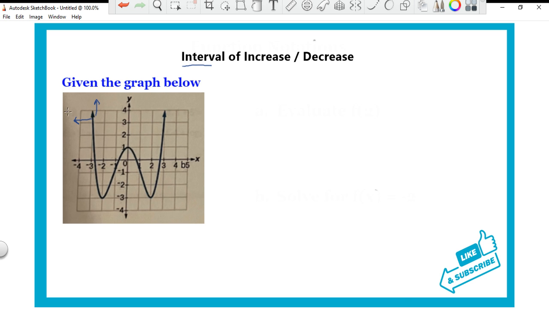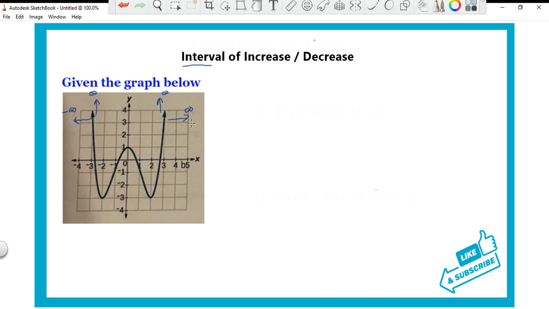Going to the left means it's going indefinitely towards negative infinity, and it goes up to positive infinity. On the other end, it is going right, so positive infinity, and going up, positive infinity. Those are your end behavior.